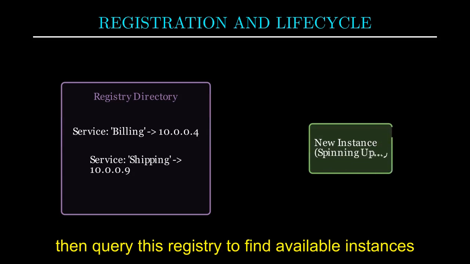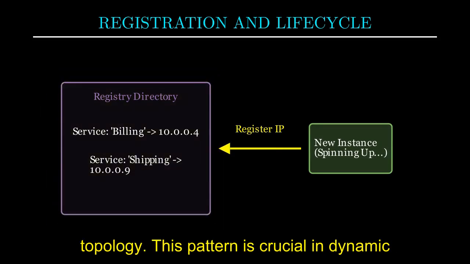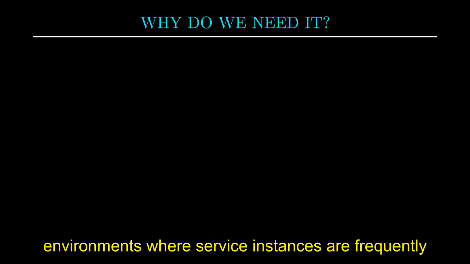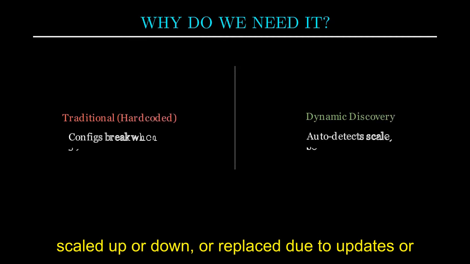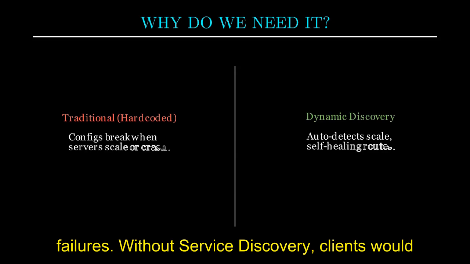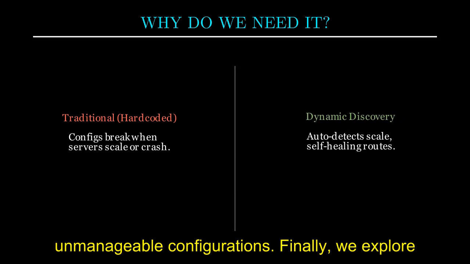Clients can then query this registry to find available instances of a particular service, abstracting away network topology. This pattern is crucial in dynamic environments where service instances are frequently scaled up or down, or replaced due to updates or failures. Without service discovery, clients would need hard-coded addresses, leading to brittle and unmanageable configurations.